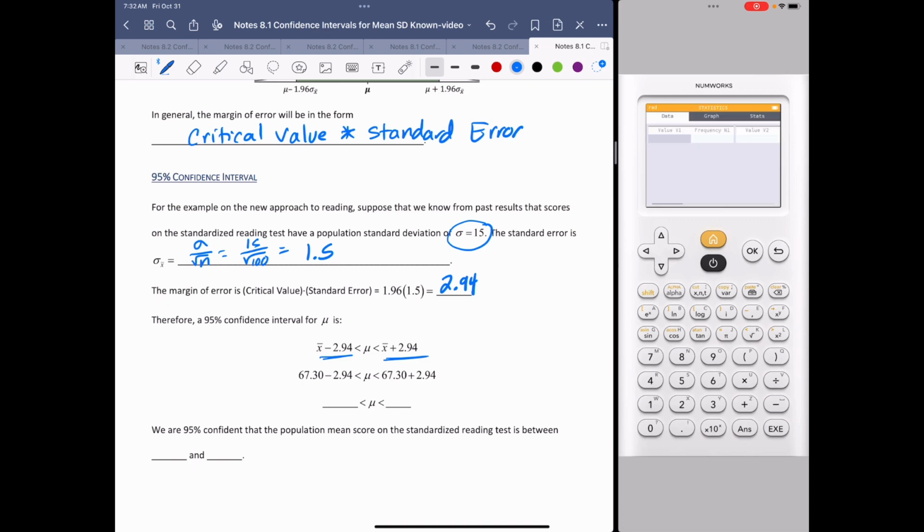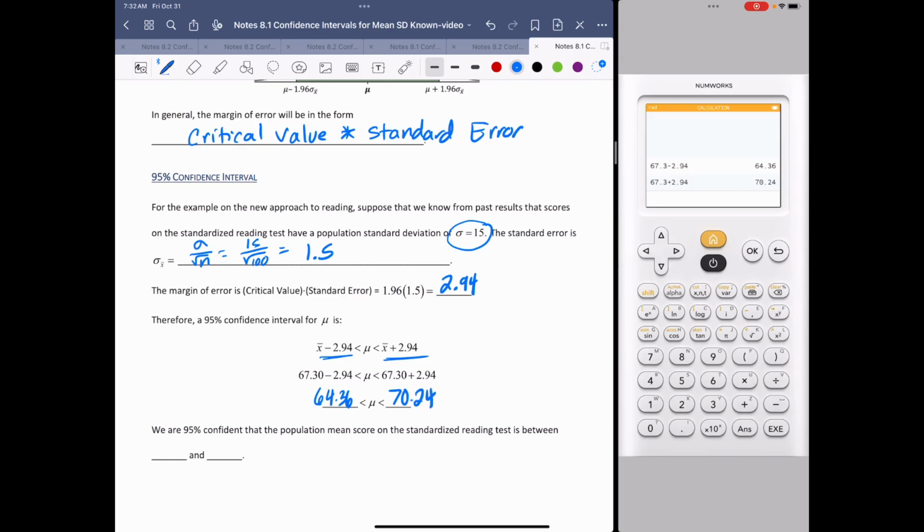Oh, hold on, I'm in the wrong place. Go to calculation. And I do 67.30 minus 2.94. All right, and I get 64.36. And I do 67.30 plus 2.94. And I get 70.24.